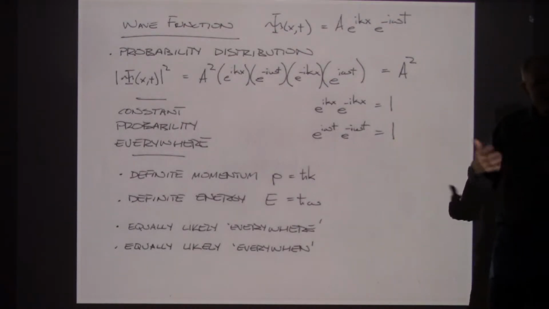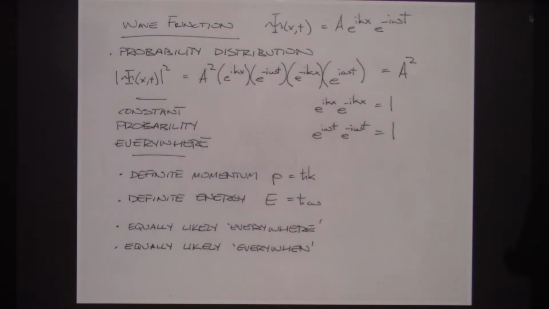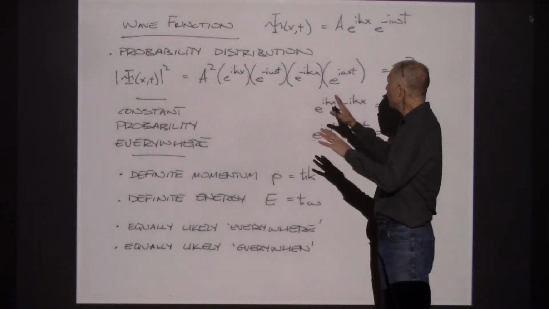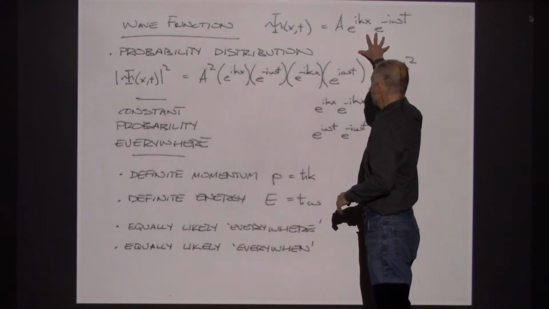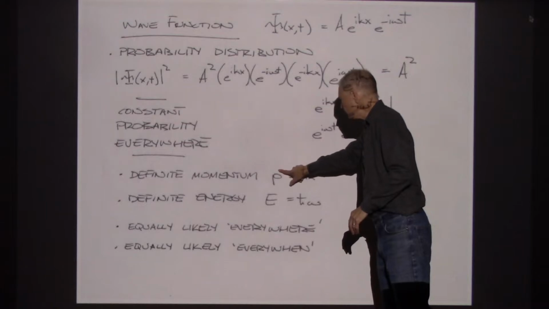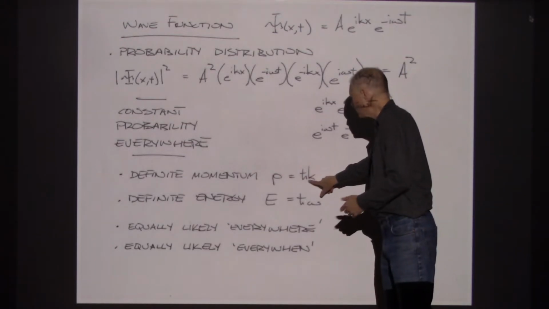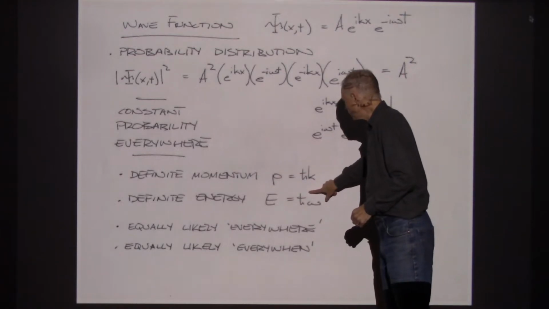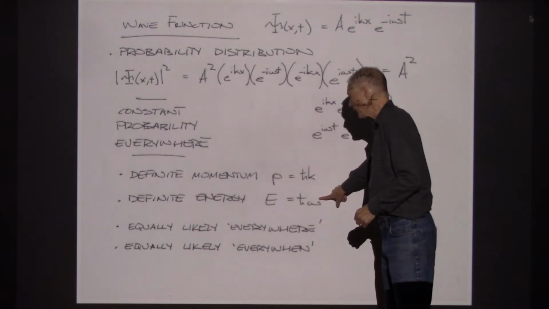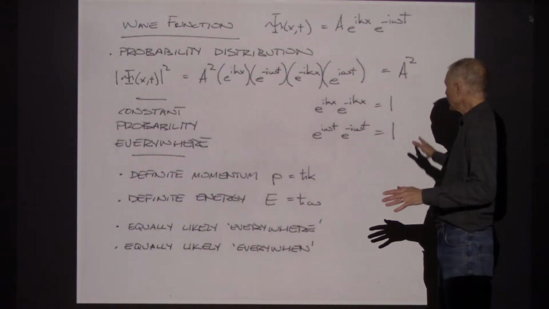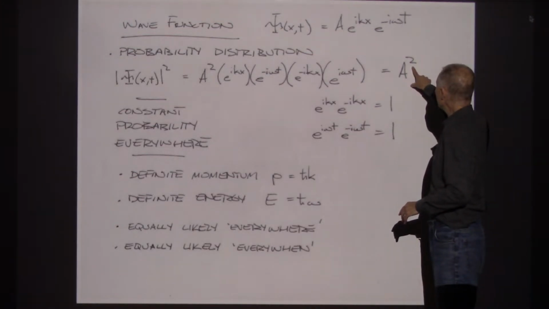Okay, so if you have looked at complex numbers and exponentials of complex numbers, these are properties that you'll discover. So, a particle represented by this wave function has a definite momentum, given by h bar times the wave number, and definite energy, h bar times omega, the frequency, but it's equally likely to be at any location.